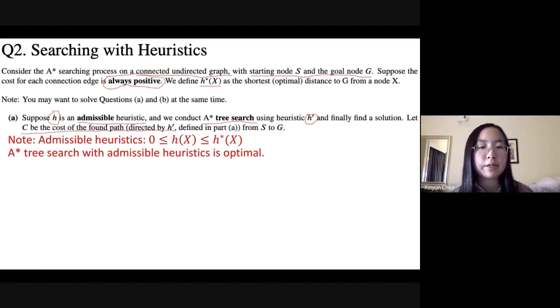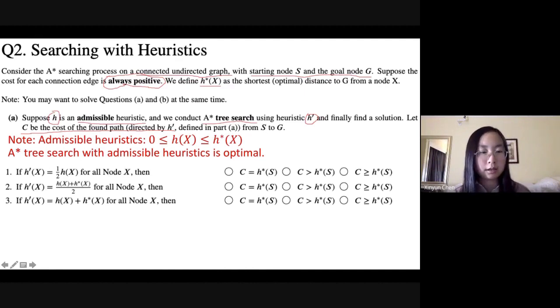So for this specific question, if we can prove that both H and H prime are admissible, then the path C has the optimal cost for both of these heuristics when they are used in A-star tree search.